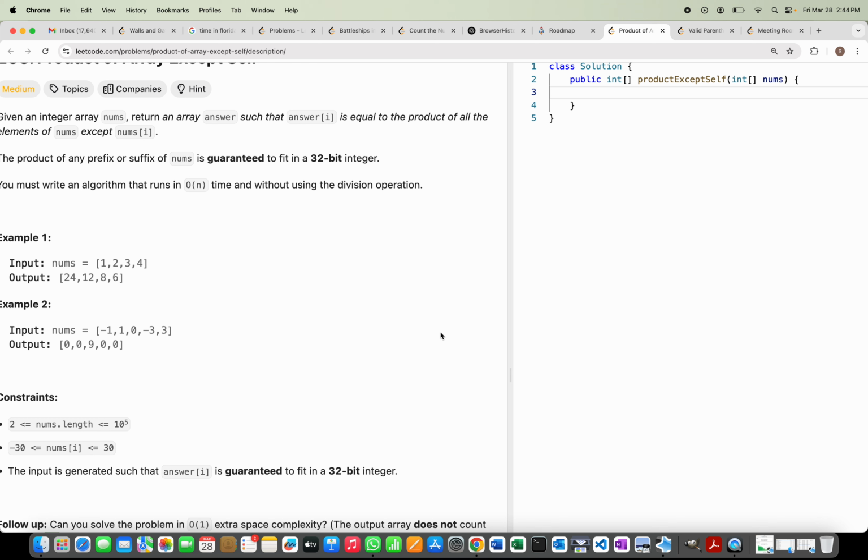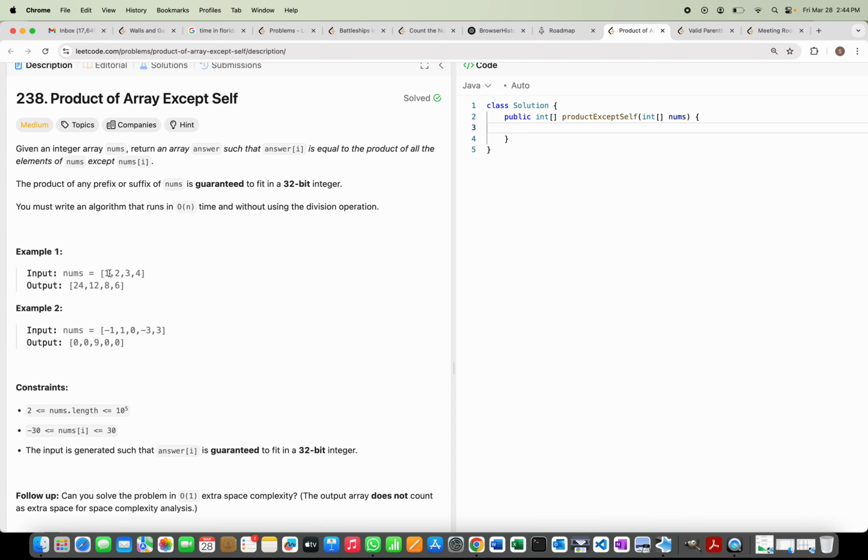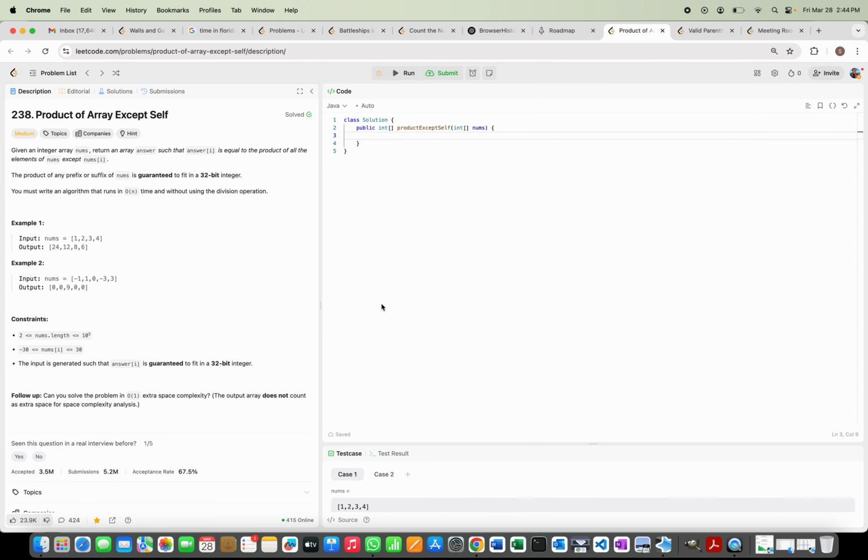So if you have that information at that index, you will have the information about the product from here to here and then here to here.